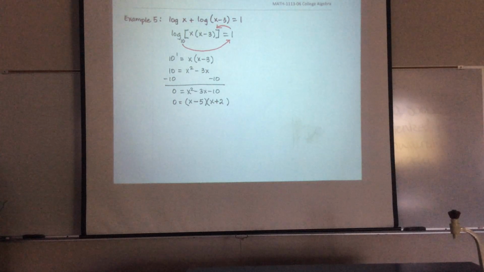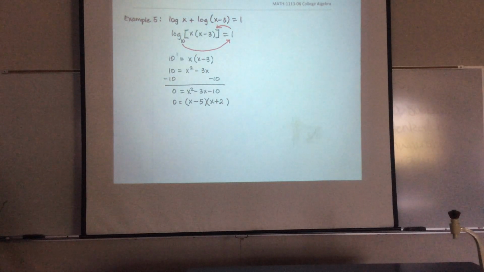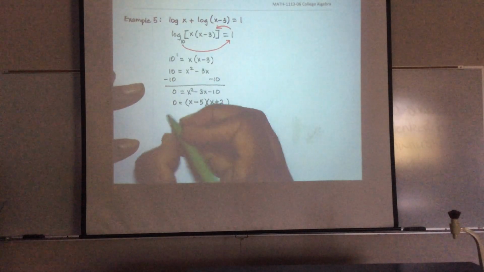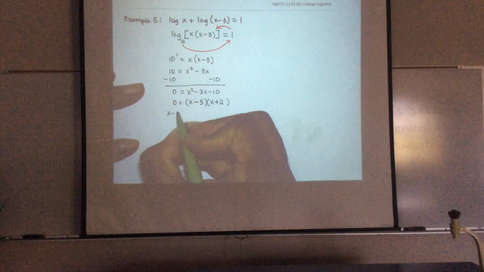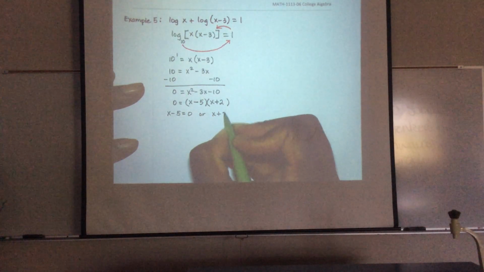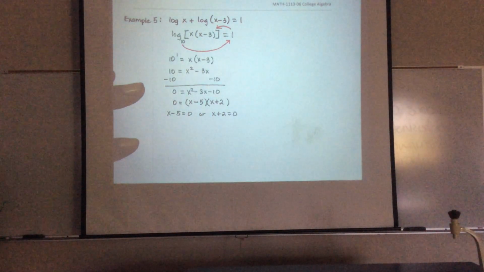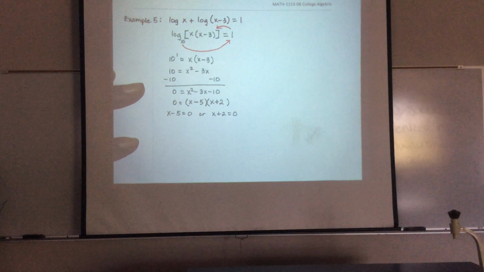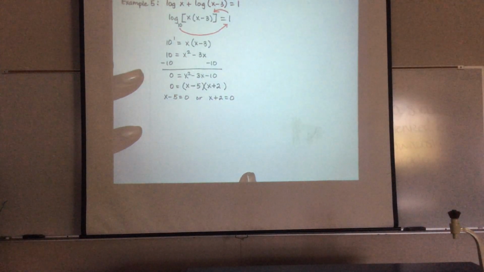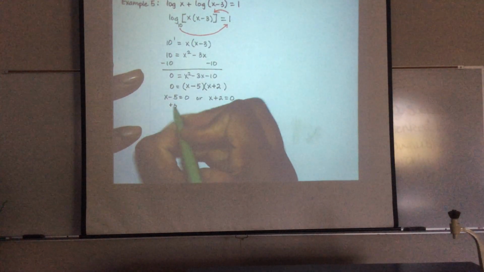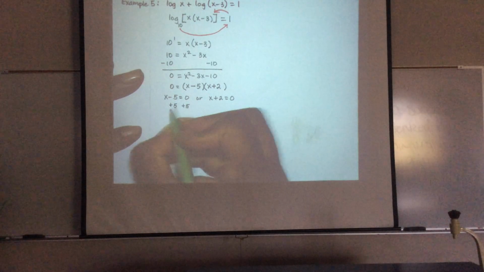And then we're going to set each binomial factor equal to 0. So this means x minus 5 equals 0, or x plus 2 is equal to 0. And then we'll solve each equation for x.